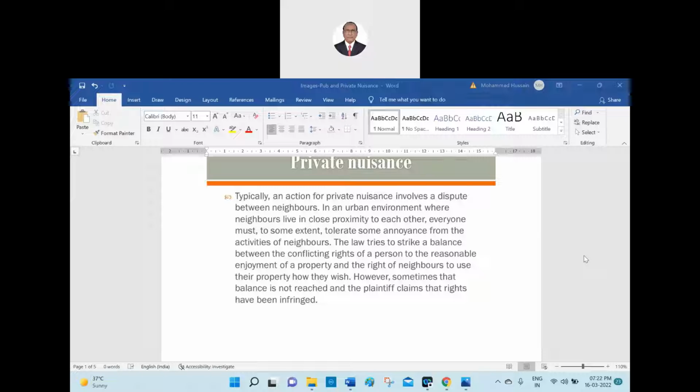Can you say that it is a nuisance? No, sir. Generally, we have to forbear the annoyance of the neighbors. But if they are continuously making noise the whole night, then it becomes a nuisance.